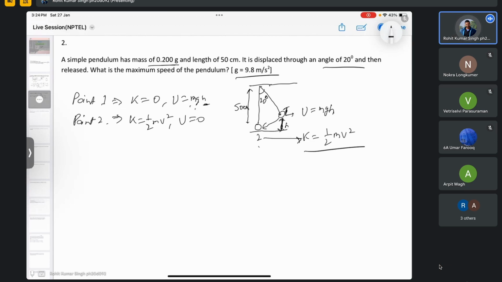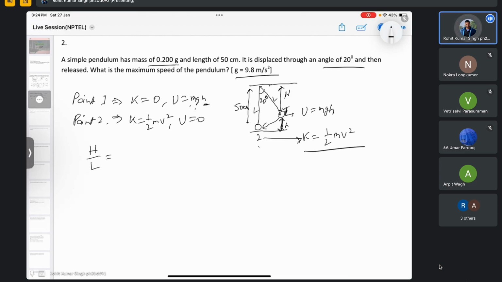This is the length L of the pendulum, and suppose this is the length H. Now H by L, what will it be?